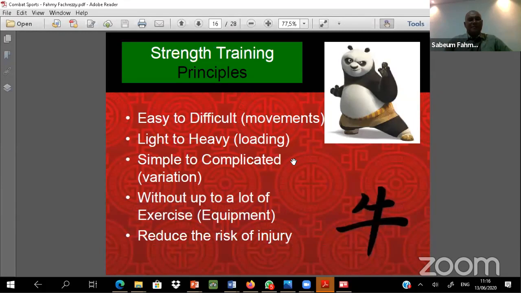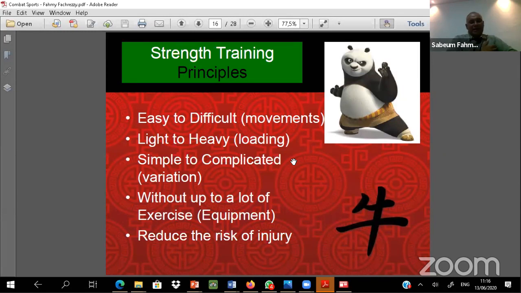Arrange the program. Number 2, light to heavy loading. Loading, I mean weight or sets or repetitions. Light to heavy. Number 3, the program has good variation, but give him simple, easy to complicated programs.